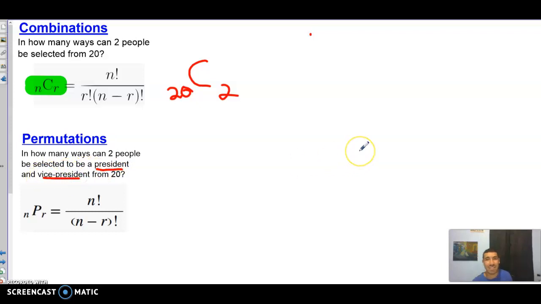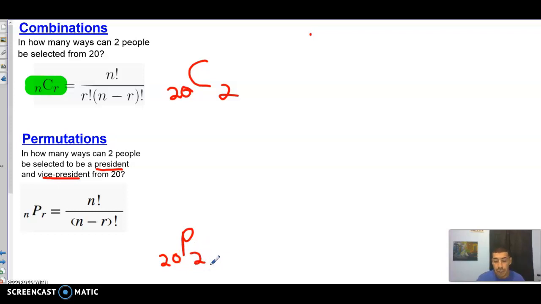Notice that the president and vice president do different jobs. Therefore, the order does matter. So right below, this is how you set it up. Again, you look at the formula. The formula for permutation means n number of items taking r at a time. So here, n is my total. That'll be 20. And then of those 20, I will be taking 2 at a time, okay?